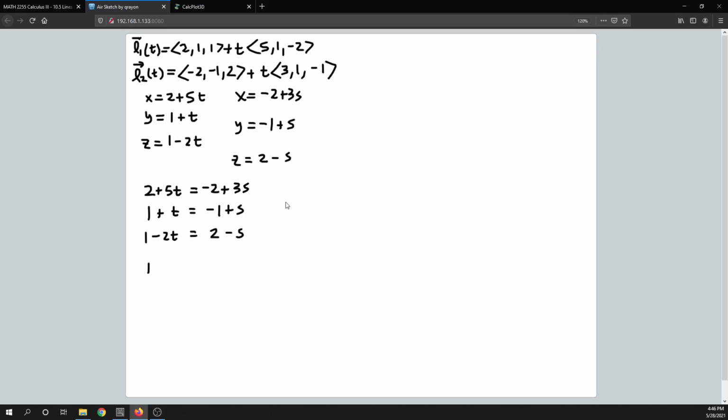I'm going to pull that equation out and solve for t. So if I subtract 1 from both sides, I get t equals minus 2 plus s, like so. All right, so I've solved for t in this middle equation. So now what you want to do then is to go to each of these other two equations.